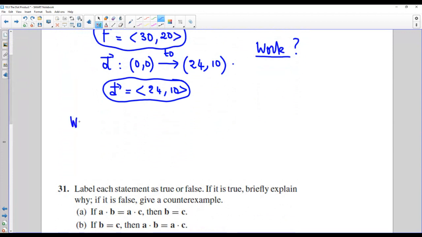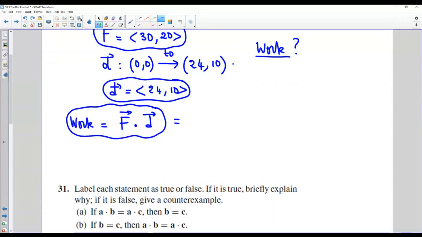So the work done is the dot product of F with the displacement, or the distance. Okay, great. So you're really quick there, Shamma. All right, so F is 30, 20, then dot product with 24, 10.